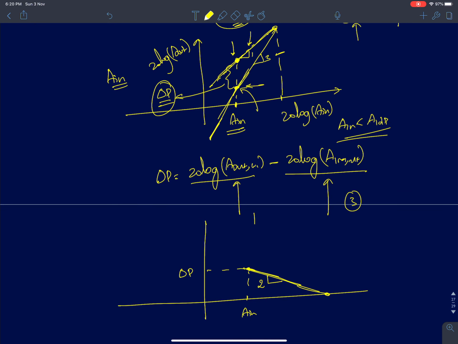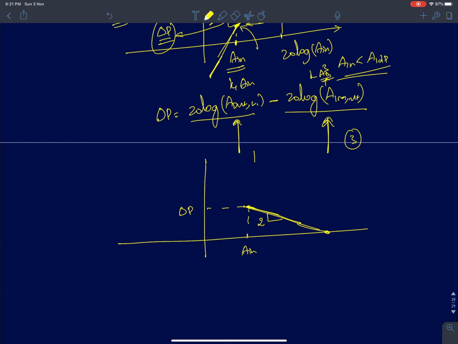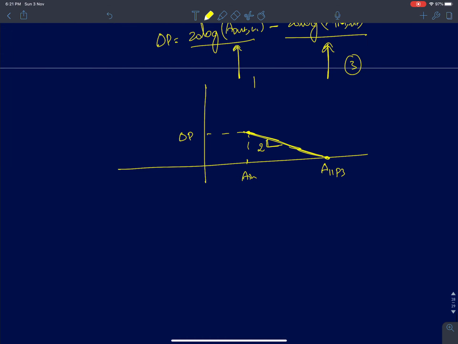Because if you vary, this is simply some constant k1 times A in, and this is some constant times A in cube. So this will have a slope of 3, this will have a slope of 1. When I subtract the two signals, I am going to have a slope of 1 minus 3, which is minus 2. So your delta P will reduce like this. So this is A IIP3.